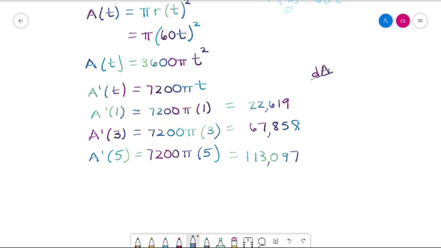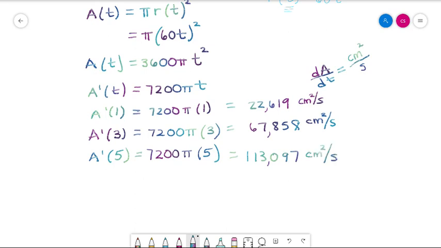Remember, we can always go back, rate of change for the area, dA/dt. Area would be in terms of square units. And time is in terms of seconds. So our units are centimeters squared per second. All right, and then at 3 seconds, 67,858 centimeters squared per second. And then at 5 seconds, 113,097 centimeters squared per second.